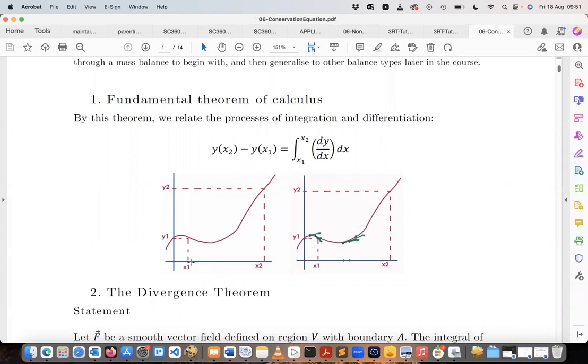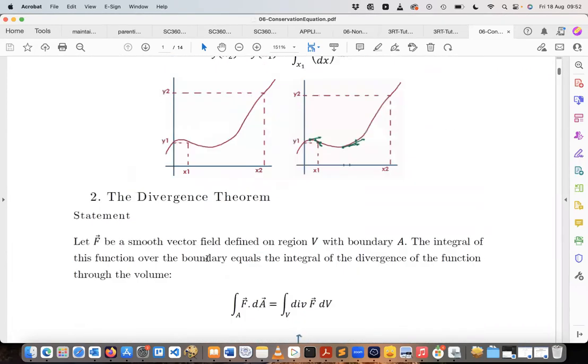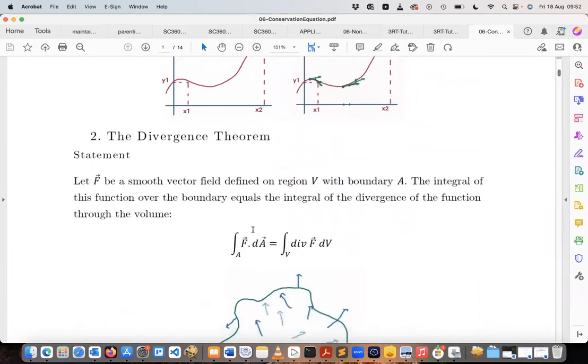So at the edges, you've got x1 and x2. So the difference on the edges is basically what we get by adding up the changes at the ends here. And that is equivalent to adding up the changes on the surface in the three-dimensional case.